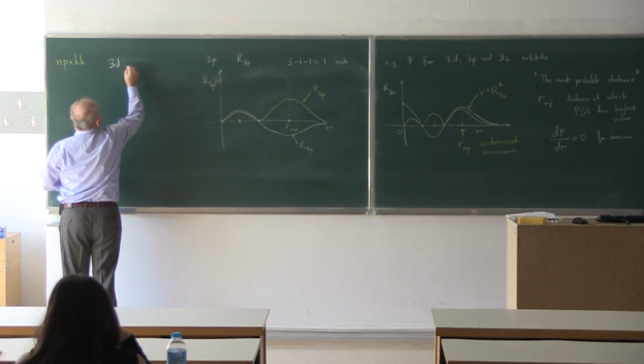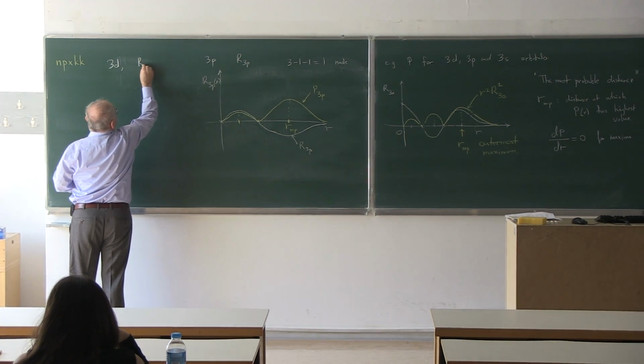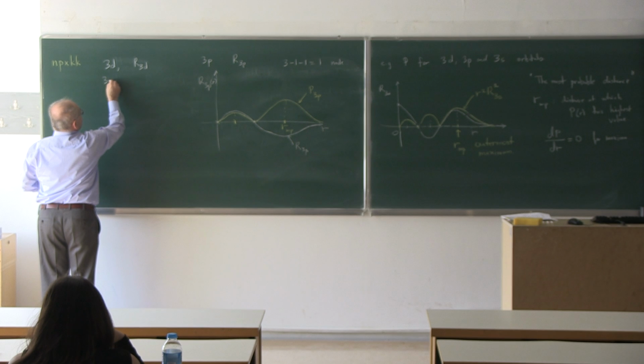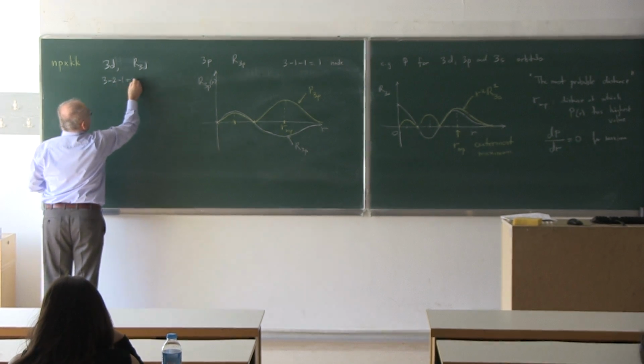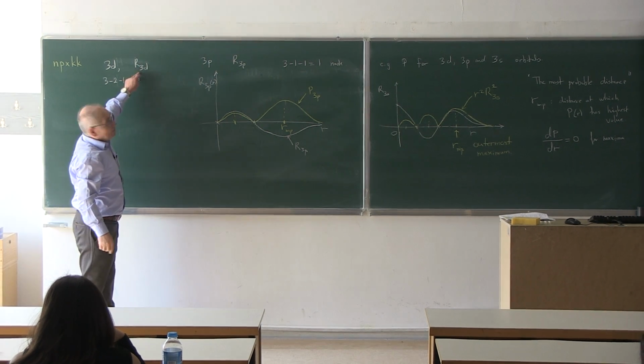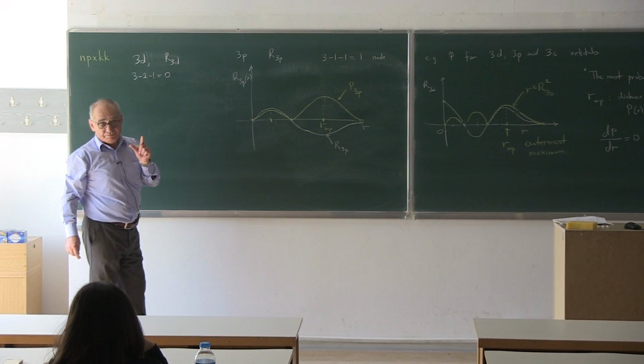Let us, as a final example, consider the 3D radial factor. This time, 3 minus 2 minus 1 is 0. That means this radial factor, R3D, has no node.